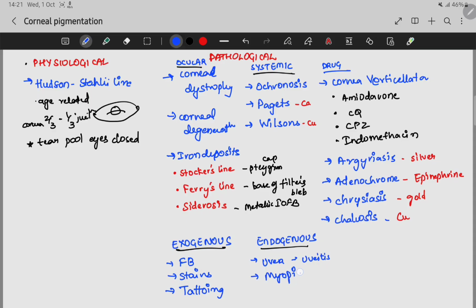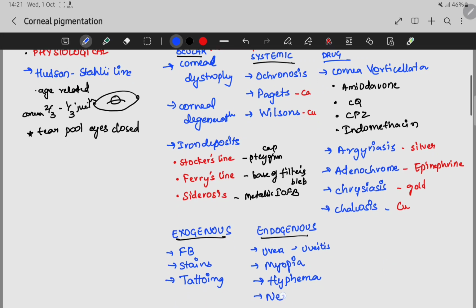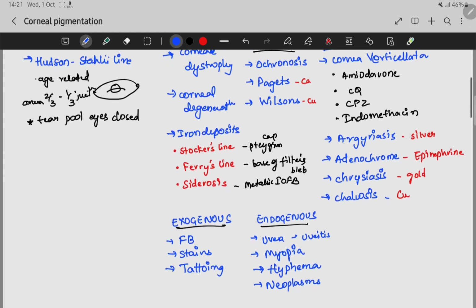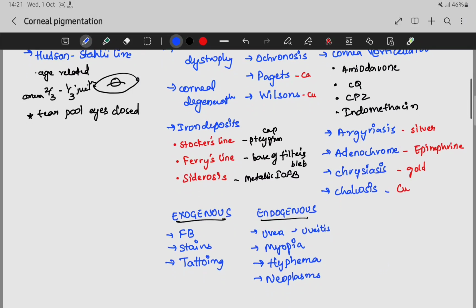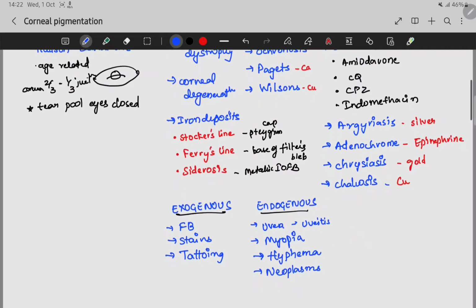So in case of uveitis and in case of myopia, high myopes, and also in hyphema, that is accumulation of blood in the anterior chamber, and neoplasms like uveal melanomas, and also there is keratitis such as fungal keratitis.